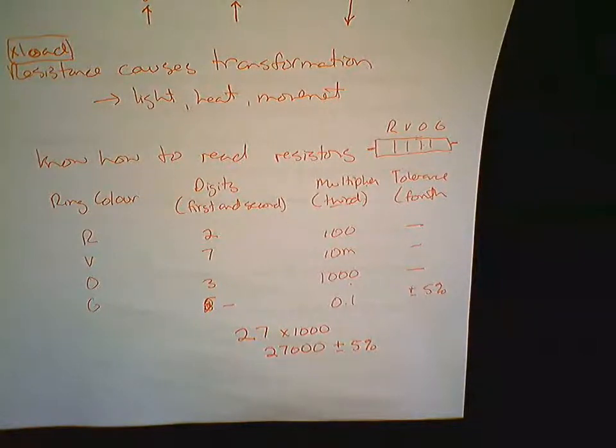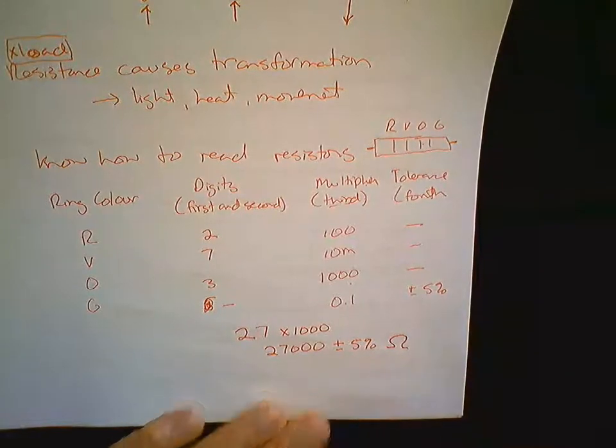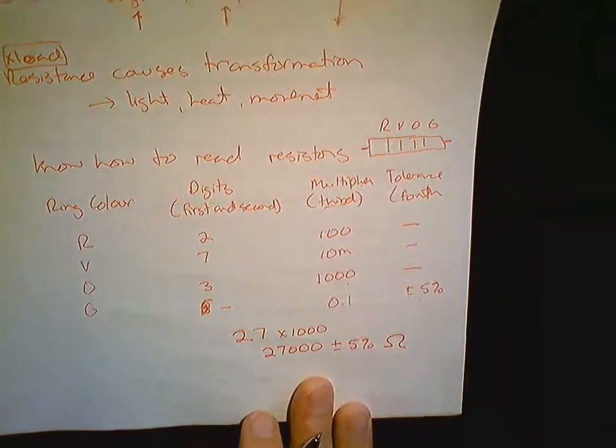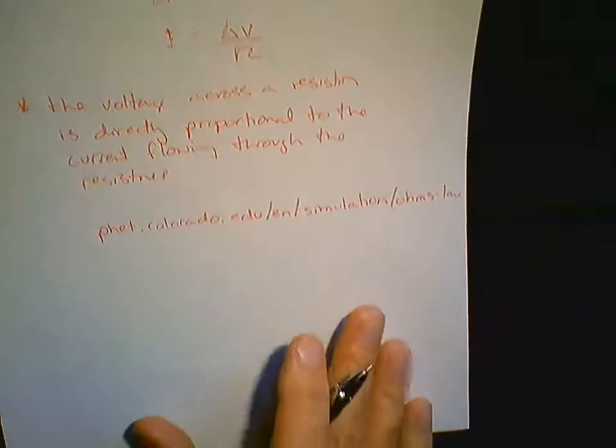They will show you how to do the range when you go into looking at this chart. What I've showed you is how to read the 4 colors in a resistor. We've got a 27,000 ohm resistor, plus or minus 5%. That is the second skill that you need in Activity 2 of Unit 4.